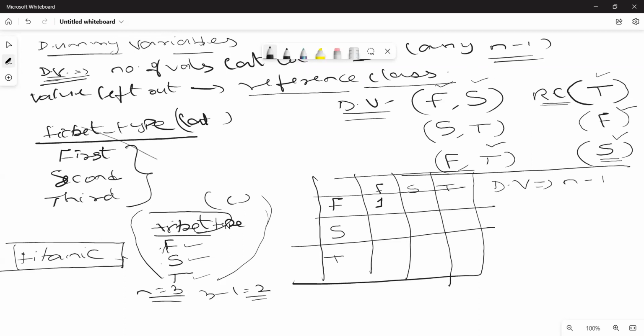So I'll put a 1 here, a 0, and a 0. Someone who has a second class ticket, this value is going to be 1, and the others are 0 and 0. And someone with a third class ticket, this is going to be 1, and the others are 0 and 0. This is how you define the matrix, which is also known as the one-hot encoding method.